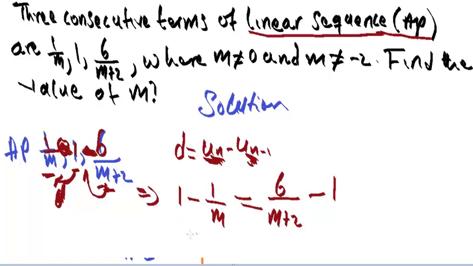Now from here, we are going to find the LCM for this side and then the LCM for the right side. So let's do that. Now we have 1 minus 1 over m is equal to 6 over m plus 2 minus 1.